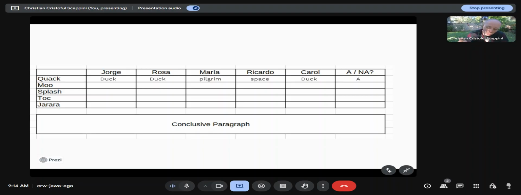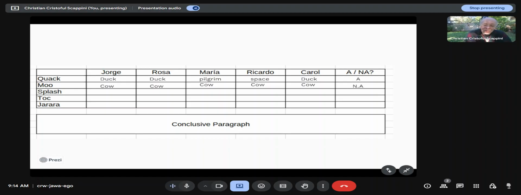But then I go with the word moo and I ask Jorge, what does it mean? And he says cow. And Rosa, cow. Maria, cow. Ricardo, cow. Carol, cow. Conclusion, this word moo apparently is non-arbitrary, meaning there is an apparent connection between the sound moo and the meaning.